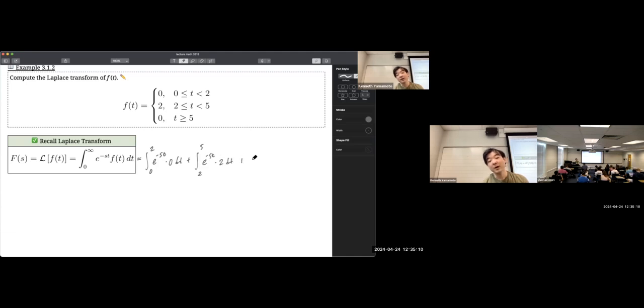And then from 5 to infinity, the function is equal to 0. Integrating 0 over some interval gives nothing, so the only thing left is this integral right here.